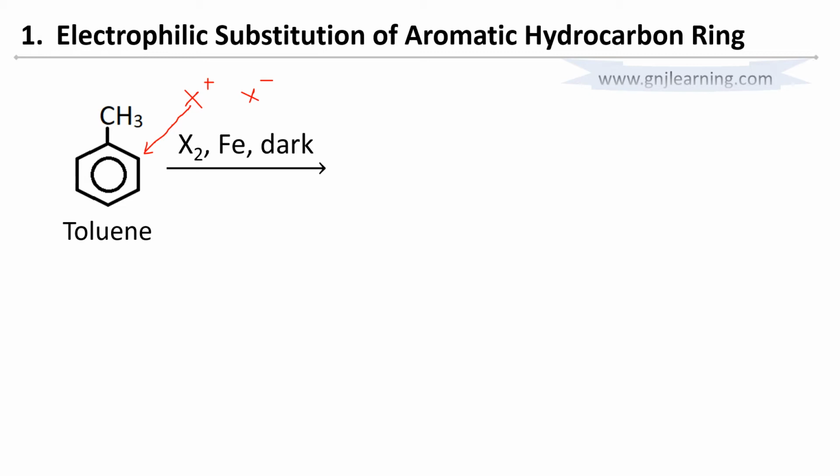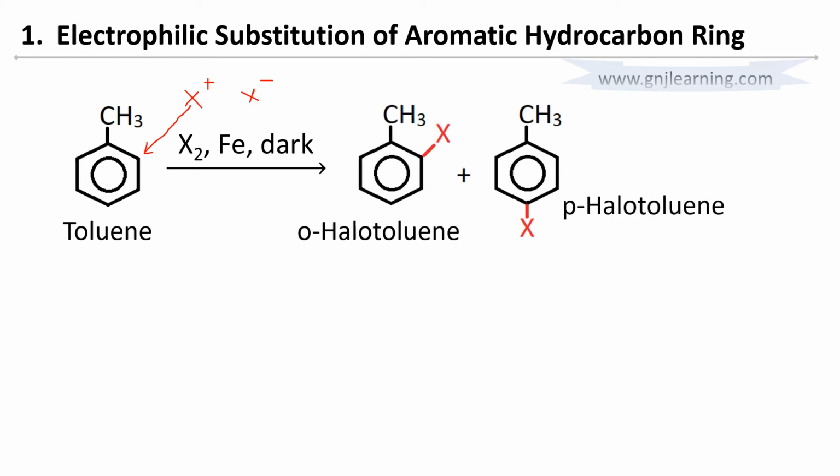So which are the electrophilic centers on toluene? We will see the results first. From the results you will be able to understand it. The electrophilic centers are the ortho position and the para position.